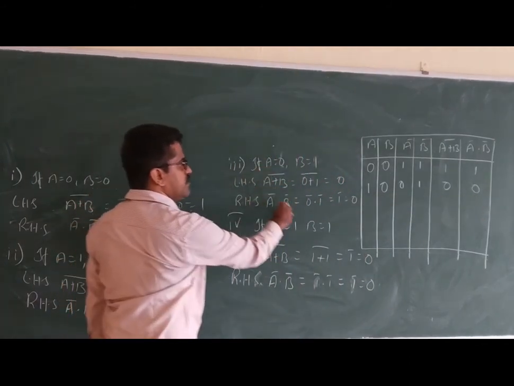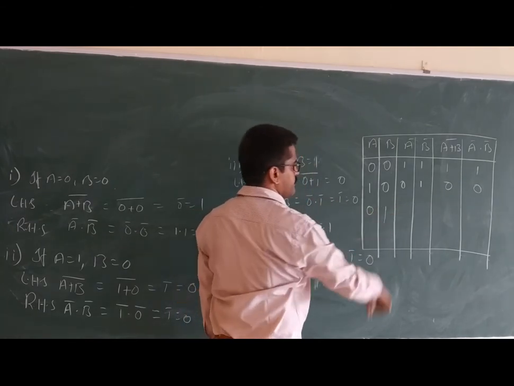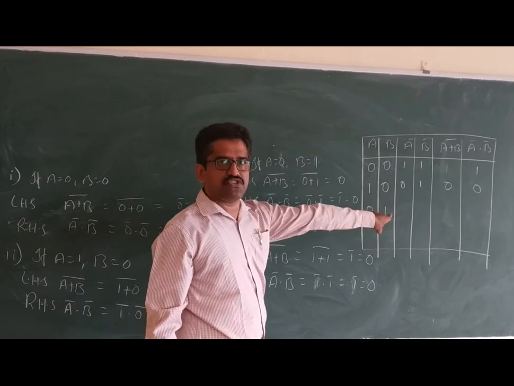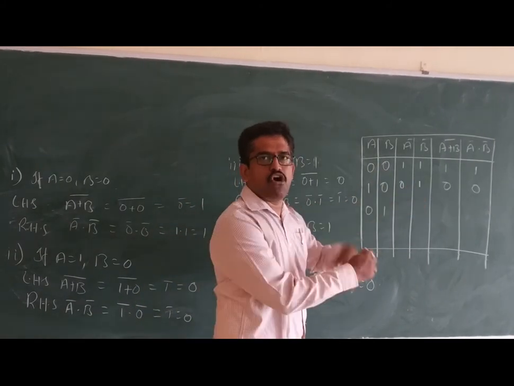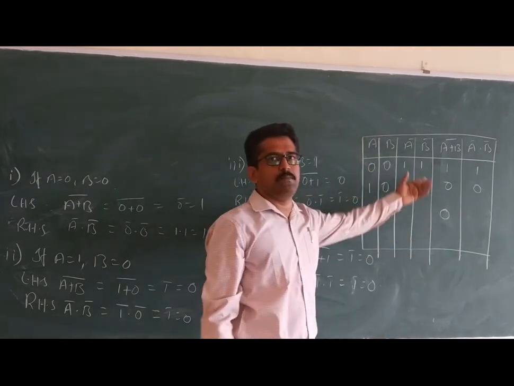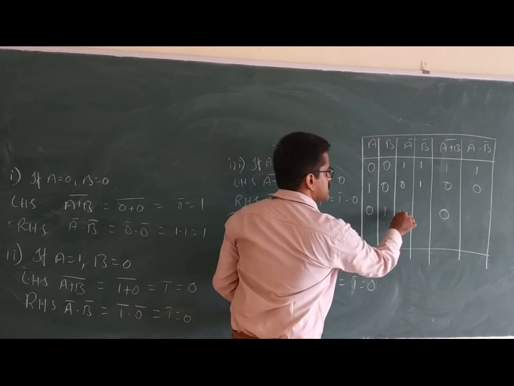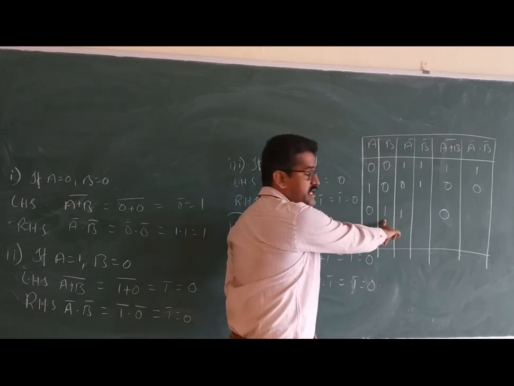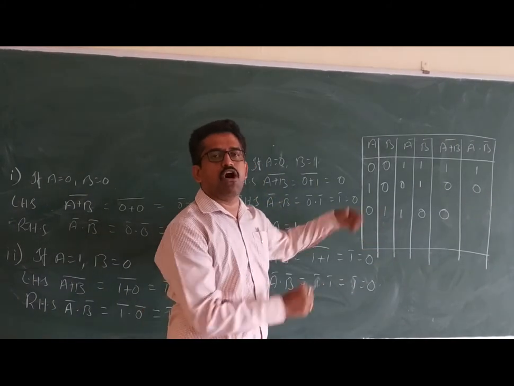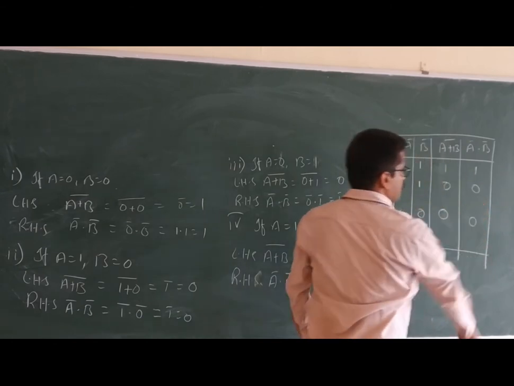In case 3, A is equal to 0 and B is equal to 1. 0 plus 1 is 1. Its complement is 0. So A plus B whole complement is equal to 0. The complement of A is 1. The complement of B is equal to 0. Now A complement dot B complement is nothing but 0.